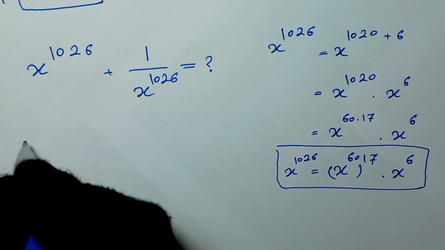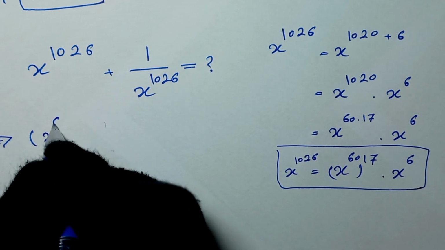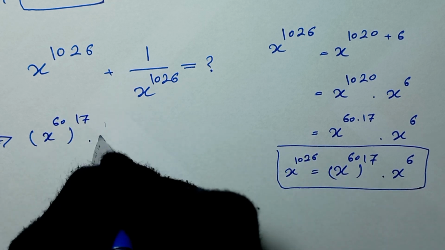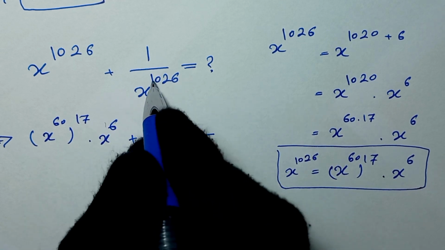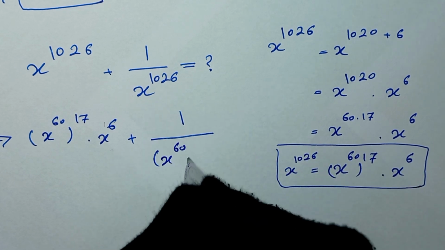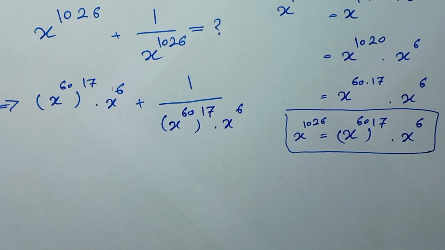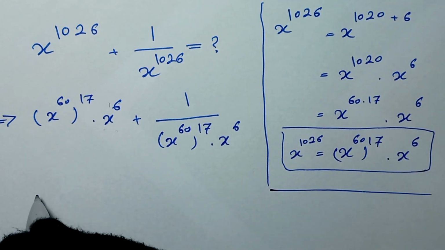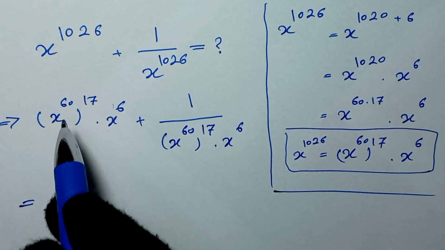So it will be x to the power of 60 to the power of 17 times x to the power of 6, and plus 1 over x to the power of 1026, and we write in this form x to the power of 60 to the power of 17 times x to the power of 6, and this is equal to, x to the power of 60 is negative 1, right?